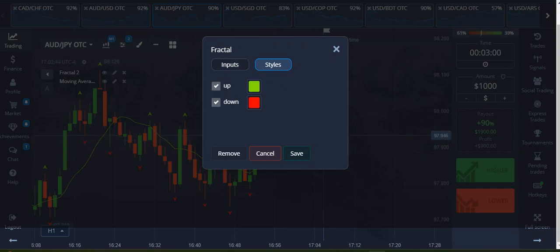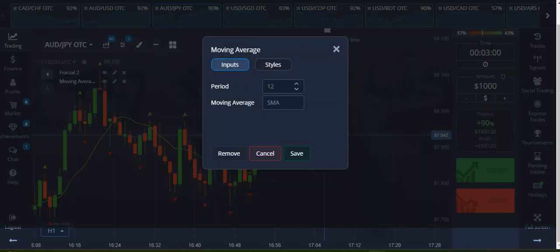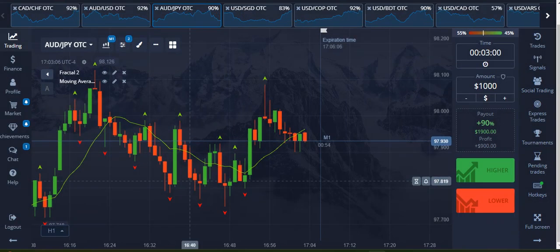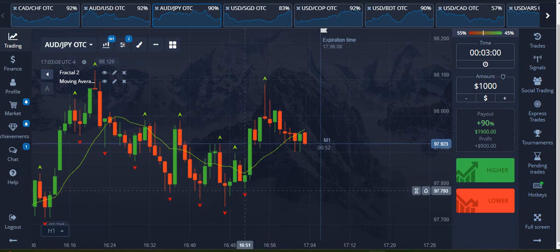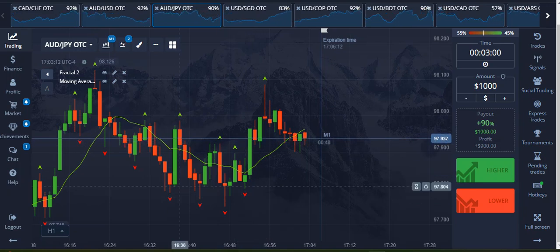I can see the lines, the arrows, and the moving average indicator. We're going to set it to a period of 12 SMA. And of course, you can also change the pixels here. I have it at 1 pixel, which is good for me, and I'm able to see the green and the red arrows here.